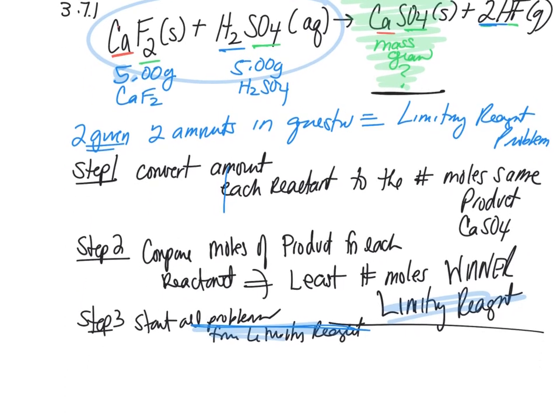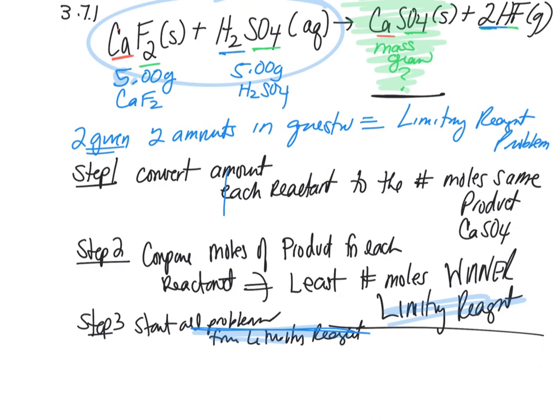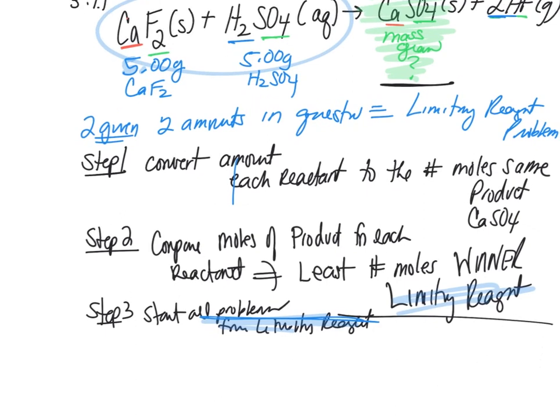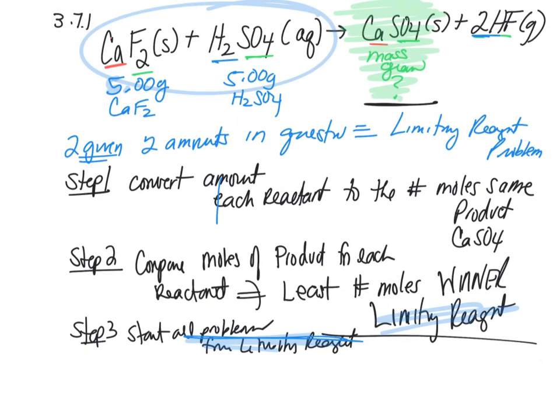All right, so let's convert 5 grams into moles of calcium sulfate. So we have 5.00 grams of calcium fluoride. We put that over 1.